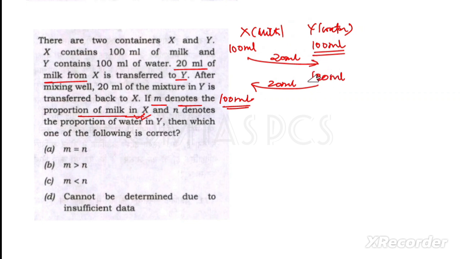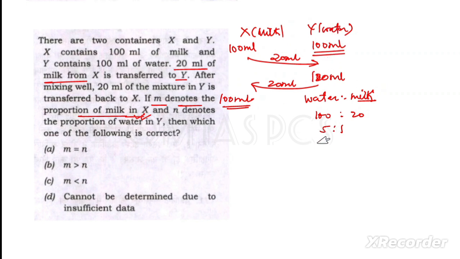If I say water is to milk in Y, it will be 100 is to 20, that means 5 is to 1. Is it clear? So what is the volume of water in Y?